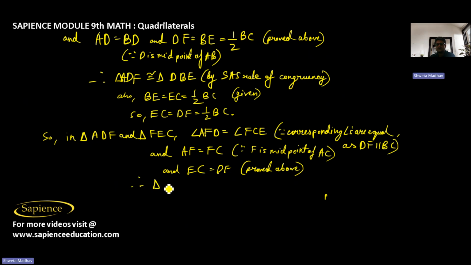So therefore, triangle ADF is congruent to triangle FEC by SAS rule of congruency.